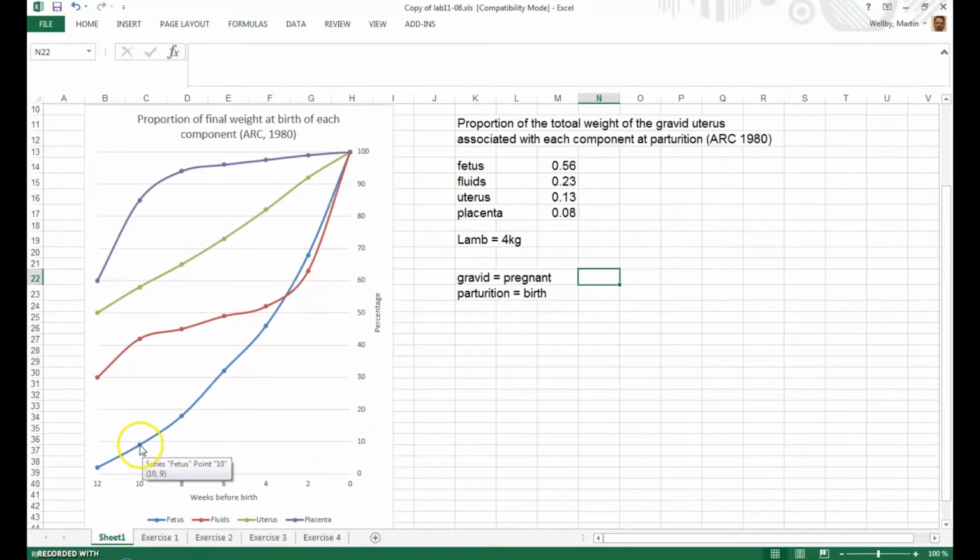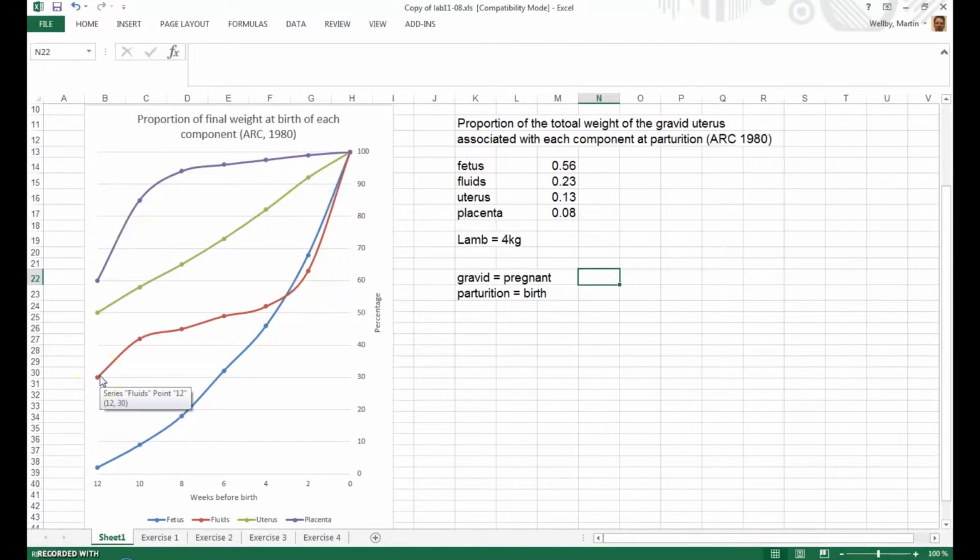And here, 10 weeks prior to birth, it's now 9% or somewhere near there, 9% of its final weight. Up here, fluids, 12 weeks prior to parturition or birth, it's on the 30% line, so it weighs 30% of its final weight.